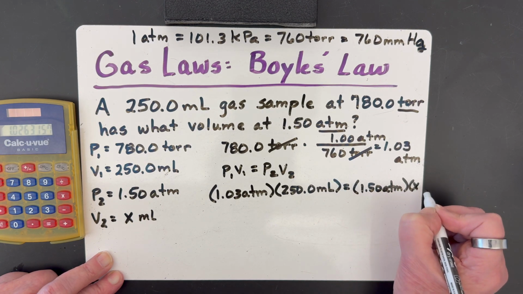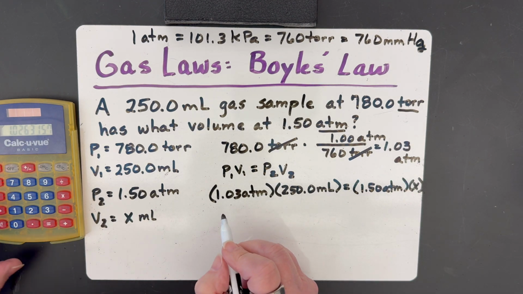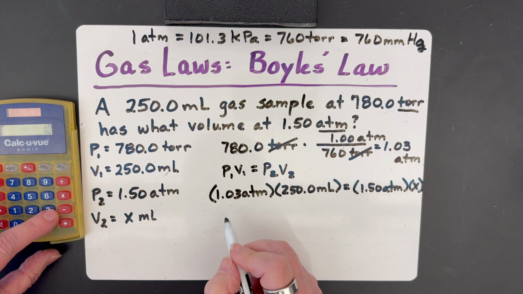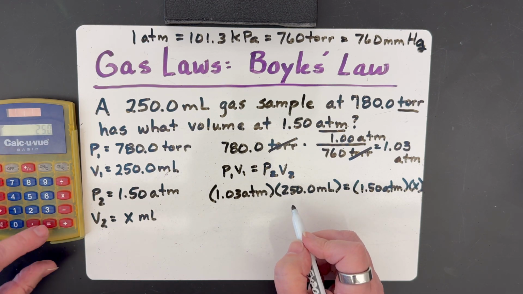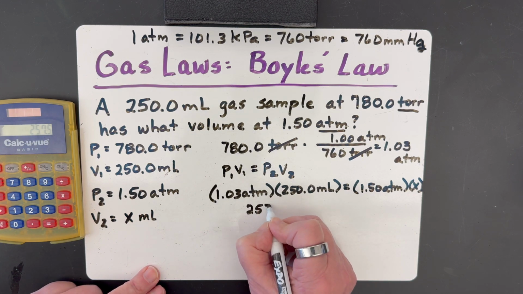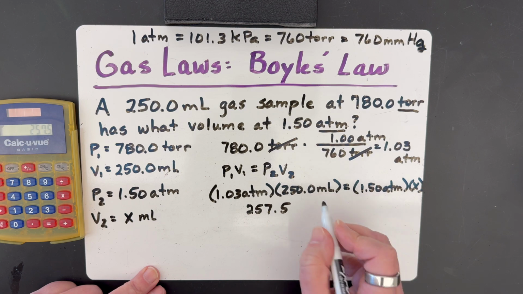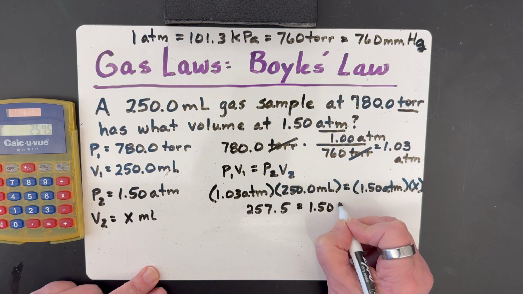And V2 is X. So 1.03 times 250 is 257.5 equals 1.50x.